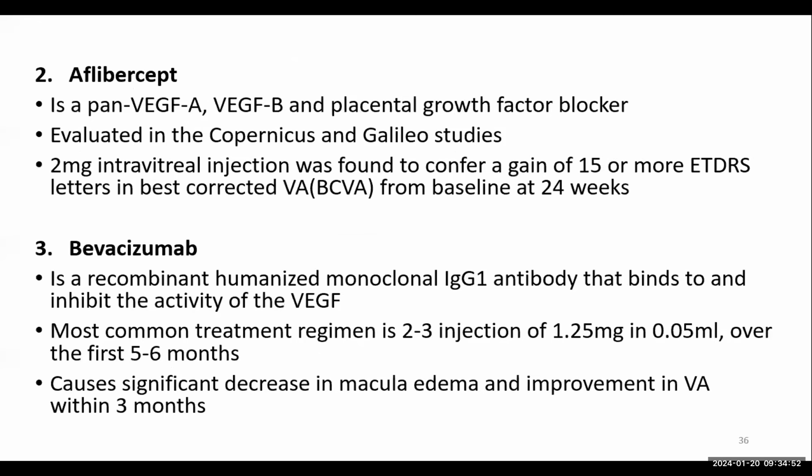Then the aflibercept, a pan-VEGF-A, VEGF-B, and also placental growth factor blocker. So it works on VEGF-A, VEGF-B, and placental growth factor. As evaluated in the COPERNICUS and GALILEO studies, the 2 milligram intravitreal injection was found to give a gain of 15 or more ETDRS letters of best corrected visual acuity from baseline at 24 weeks.